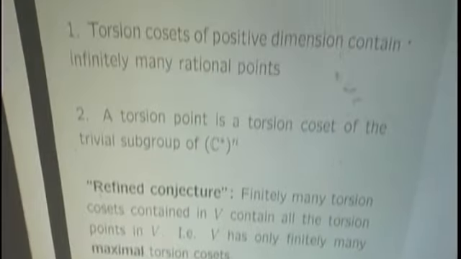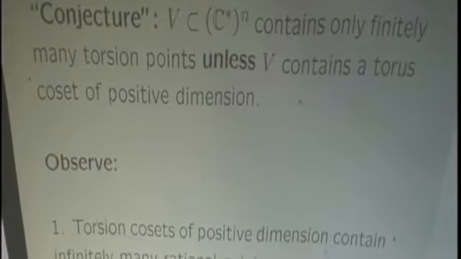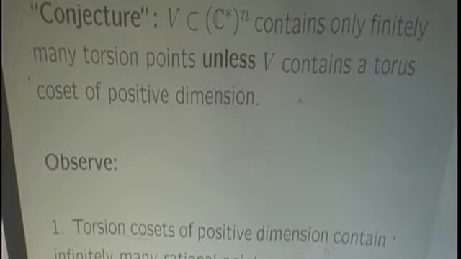So you have a refined version where you observe firstly that a torsion point is itself a torsion coset of the trivial subgroup. So you make this refined conjecture, which is also a theorem, that this subvariety V contains finitely many torsion cosets, either individual points or positive dimensional, and they account for all the torsion points in the variety.